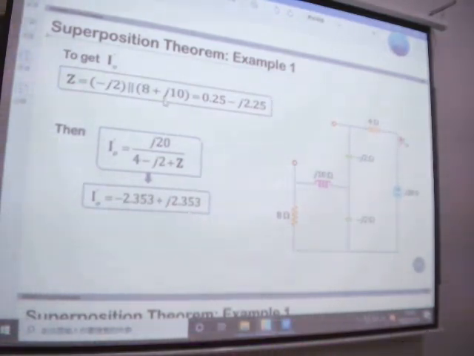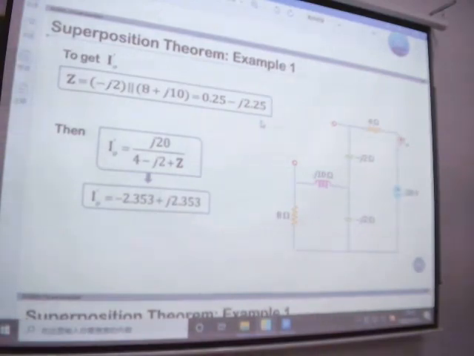Let me have a look. In his example, he takes those parts after V. They get those two in series, then in parallel with this one, and calculate it out.